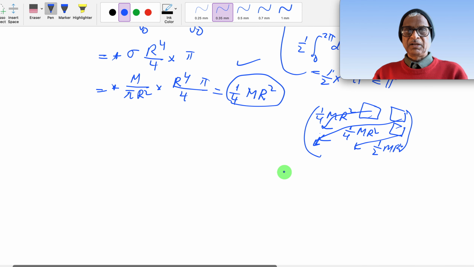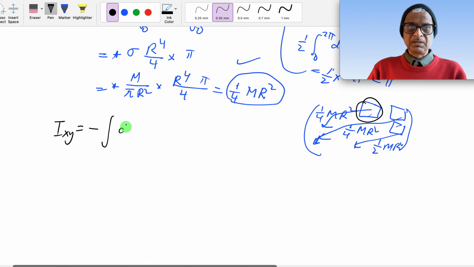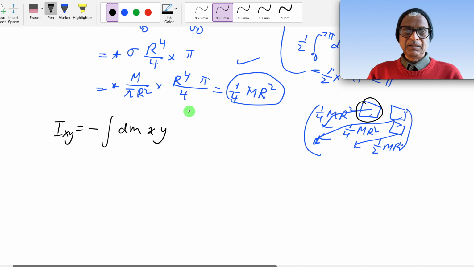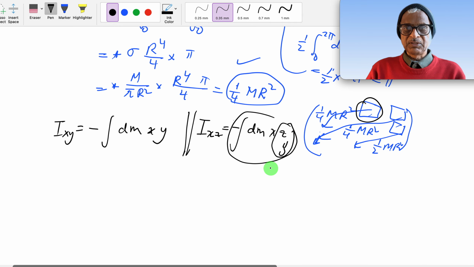Okay, so let's do it out. Let's do this one. That will be I xy, and that's going to be minus integral dm x times y. If you do I xz, it's going to be dm x z, but z is 0, so this whole thing is 0, and I don't have to go further.